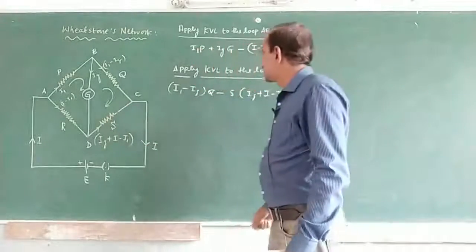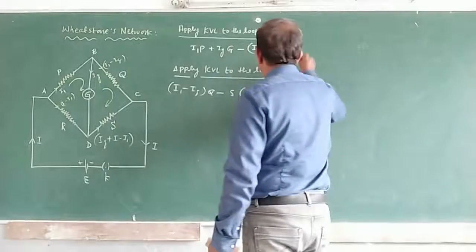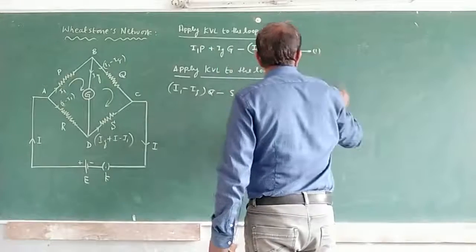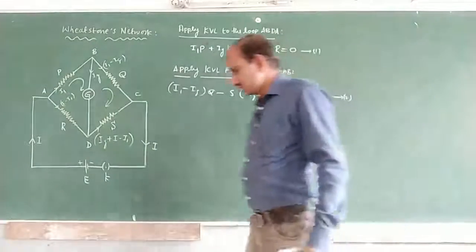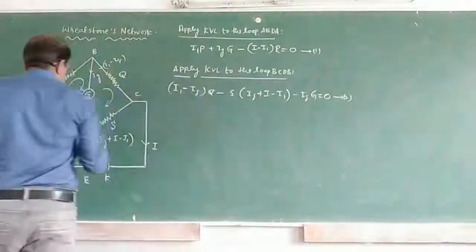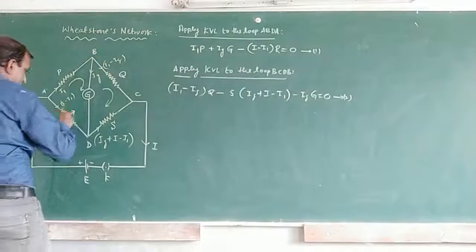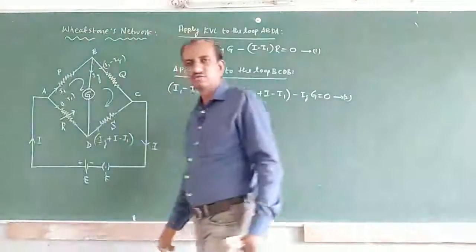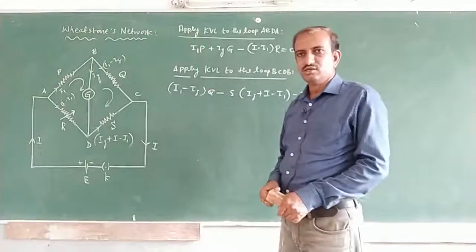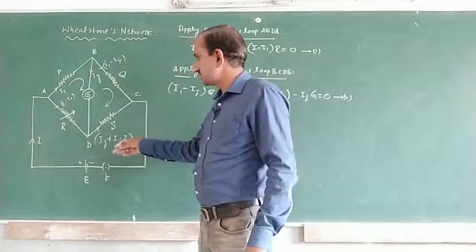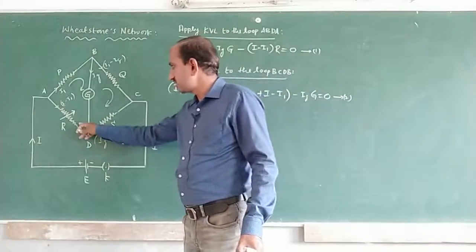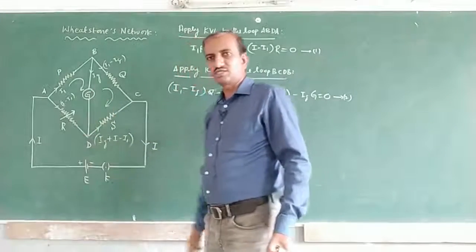Now we have two equations: this is equation 1, this is equation number 2. Keeping P, Q, S constant, vary the resistance R. When we vary R, the current in the galvanometer changes.